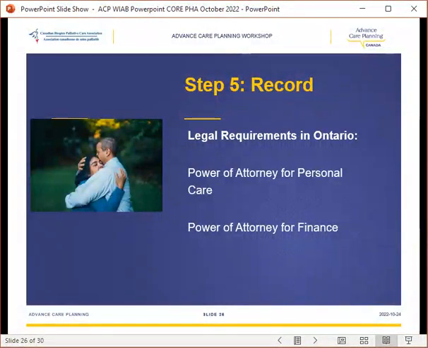I am the power of attorney for care and finance for my parents because they live in Europe, and so I have the ability to complete their taxes every year. So the accountant has the copy of the power of attorney for finance, even though my parents are mentally capable to do that for themselves, but they have given me the authority to do that on their behalf, right?